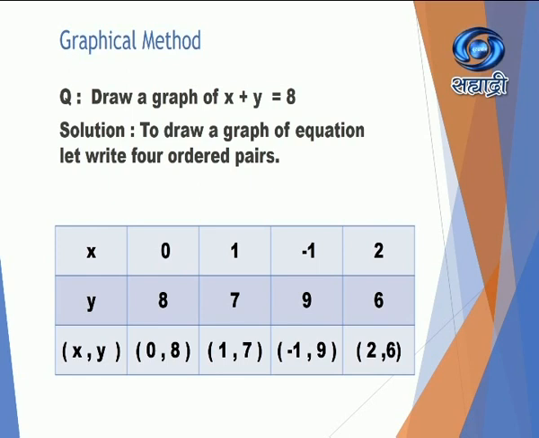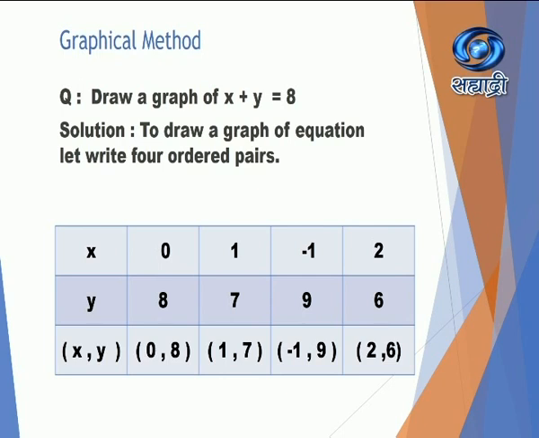For example, I have taken one equation, that is, draw a graph of x plus y equal to 8. Now to draw the graph of this equation, let us find 4 ordered pairs. It is easier for us to find 4 ordered pairs, and here I have already written that if I consider x as 0, y will obviously be 8.